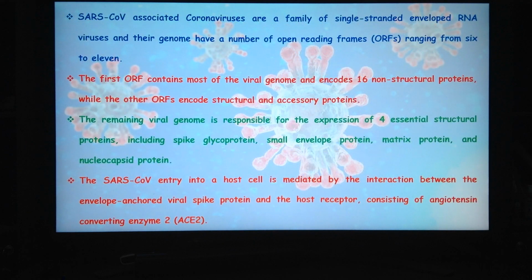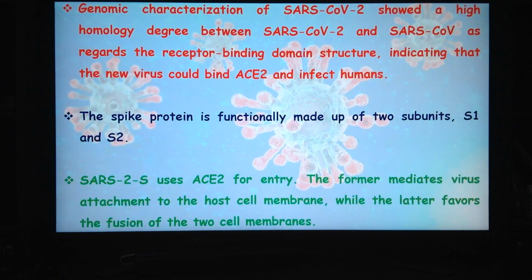This virus is a member of the family of single-stranded enveloped RNA viruses, and its genome has a number of open reading frames. Its first ORF contains most of the viral genome and encodes 16 non-structural proteins, while the other ORFs encode structural and accessory proteins. Its spike protein is supposed to interact with our angiotensin converting enzyme 2 receptor, which is present on many host cells.